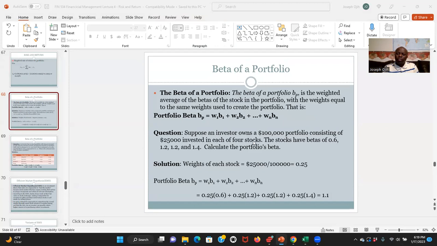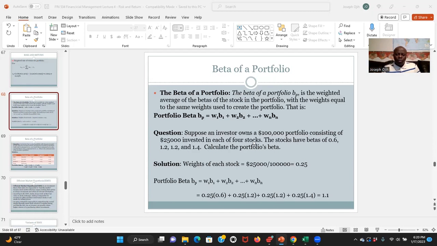Good examples are mutual funds, index funds, 401k funds, and other retirement account funds. This kind of investment is a collection of stocks that we call a portfolio. So how do we calculate the beta of a portfolio? That will be the topic of this lecture.